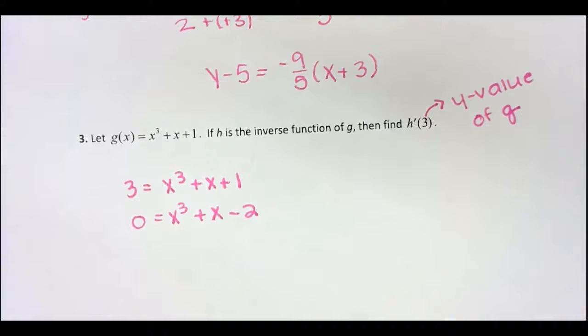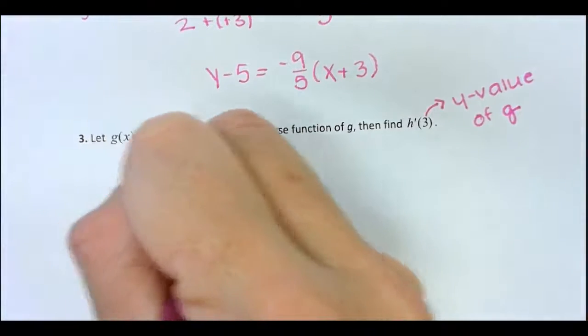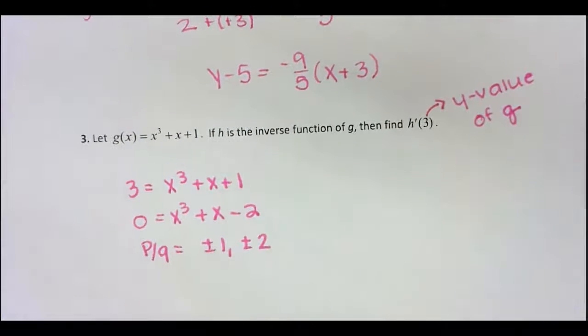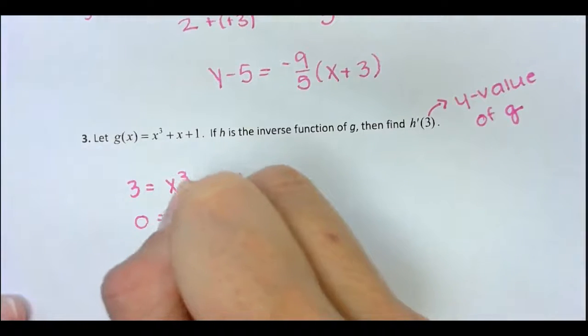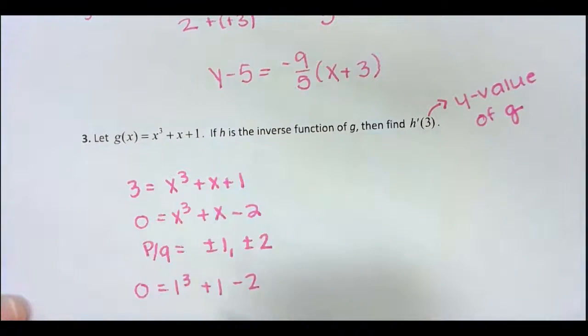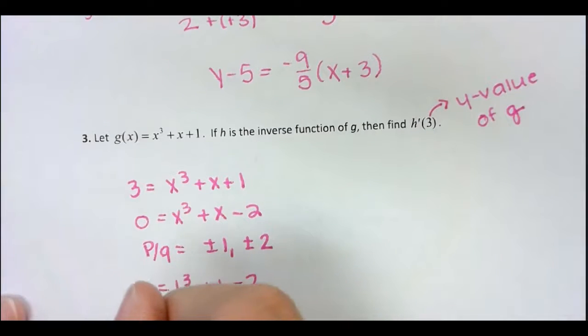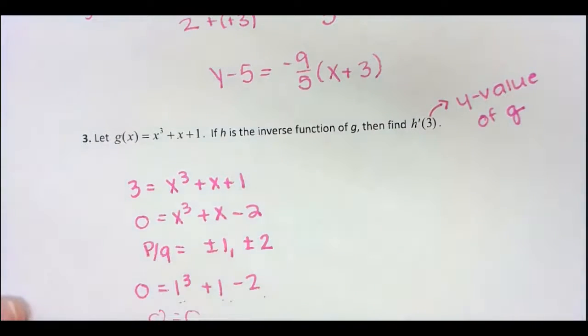So our p divides q's are 1s and 2s. So I'll start with 1. 1 cubed plus 1 is 2. 2 minus 2 is 0. So my x value is 1.